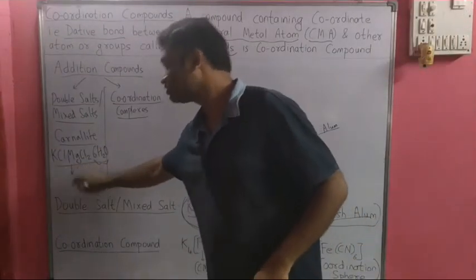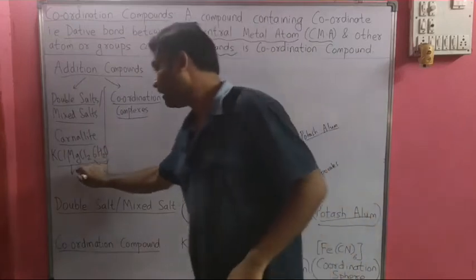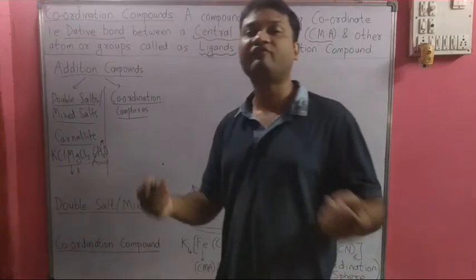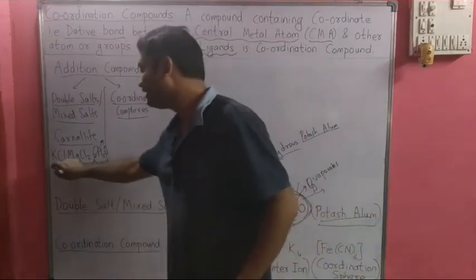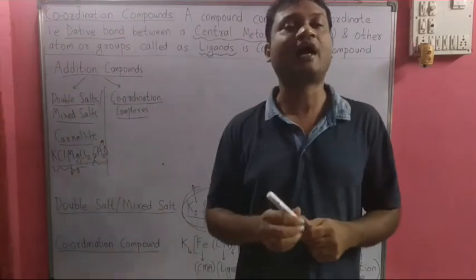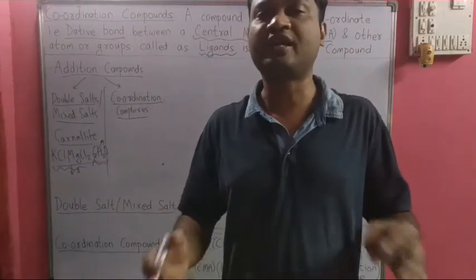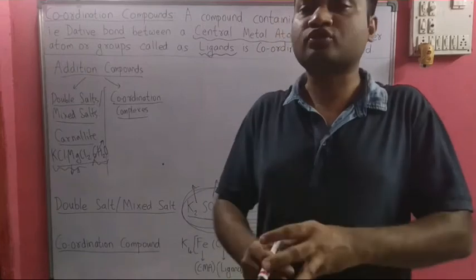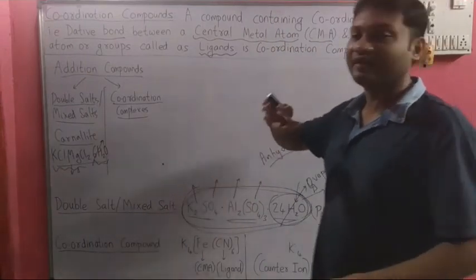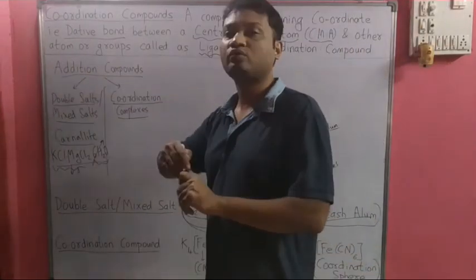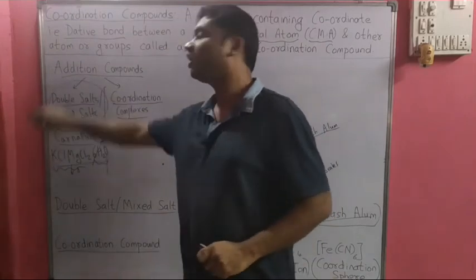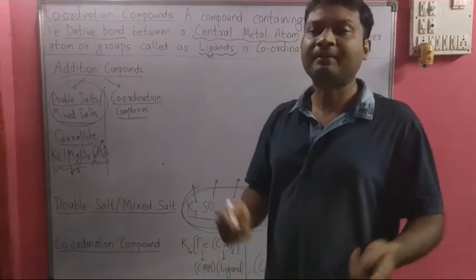Similarly, if I heat the double salt carnallite, the water of crystallization will evaporate and we will be left with anhydrous KCl·MgCl2. So these are the classification of addition compounds into double salts or mixed salts.